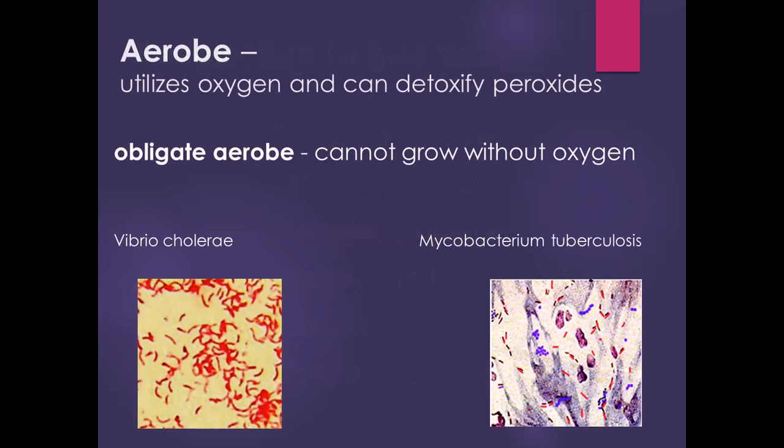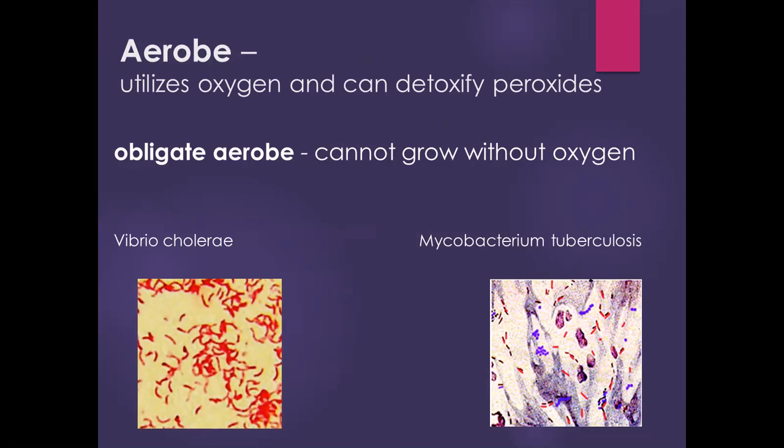The aerobes need oxygen for their growth and can detoxify peroxides as side products in biological oxidation. They detoxify peroxides using special enzymes like catalase and peroxidase. Obligate aerobes cannot grow without oxygen.